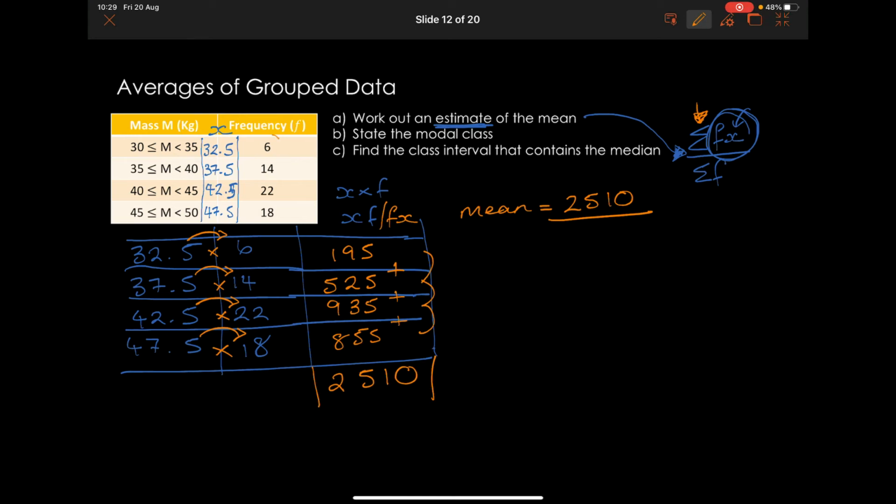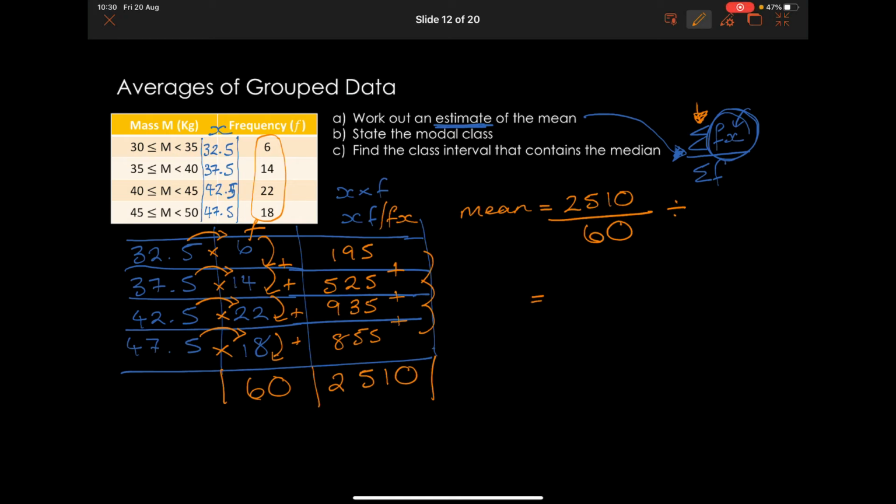Well, f is our frequency column, which is this column here. So I'm just going to add all of these together now. This is my f column, and if I add 6 plus 14 plus 22 plus 18, it gives me 60. So 60 goes on the bottom. I can now say that my mean is equal to 2,510 divided by 60.